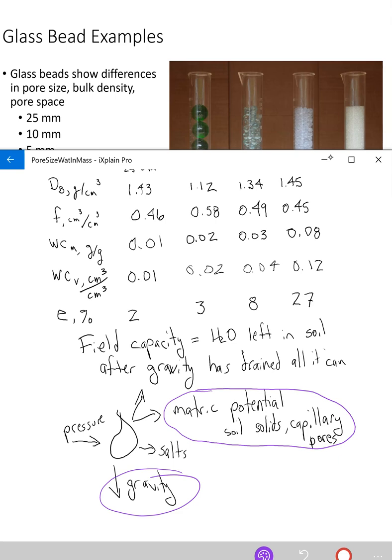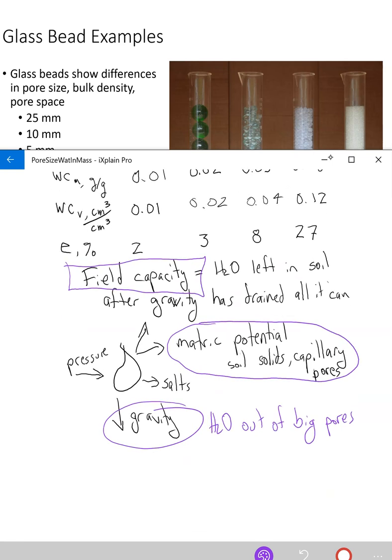That's determined in this case by our solids, the size of the beads and the size of the pores, because gravity pulls water from big pores, but it doesn't have enough energy to pull the water out of the small pores. So field capacity is a function of soil structure.